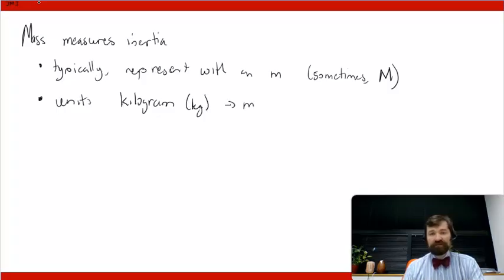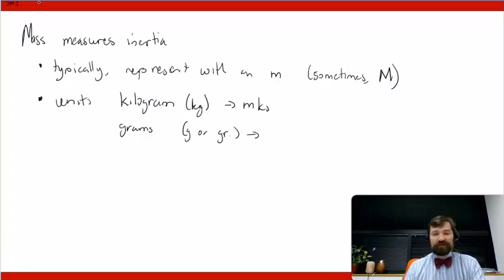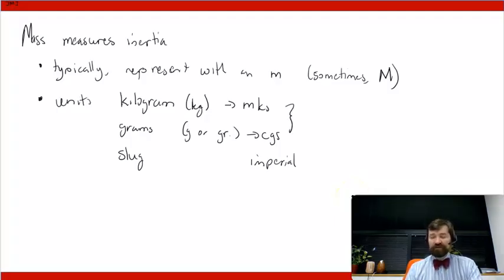You can also use grams, which is variously represented as g or gr, and that is what's called the centimeter-gram-second unit. That's sometimes used. And then for the imperial unit, almost nobody really goes into this, it's the slug. So this is imperial. And these two are the ones that we basically commonly use. Recall our unit prefixes mean that there's 1,000 grams in 1 kilogram.